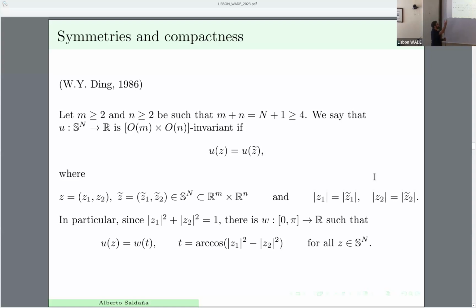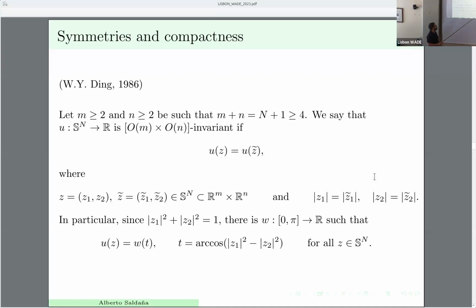So Ding introduced these symmetries. One can think that with these symmetries, the function now only depends on two real variables, which would be these Euclidean norms, but in fact, it only depends on one, because we are in the sphere. So the sphere additionally relates these two Euclidean norms. So we have the symmetries imposed on the function and the symmetries imposed because we are in the sphere.